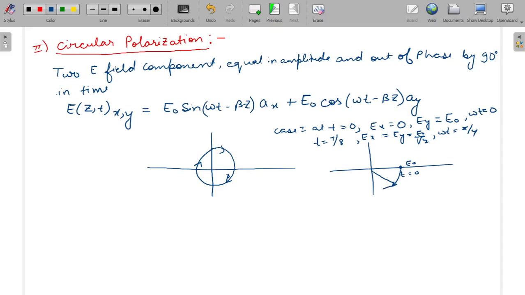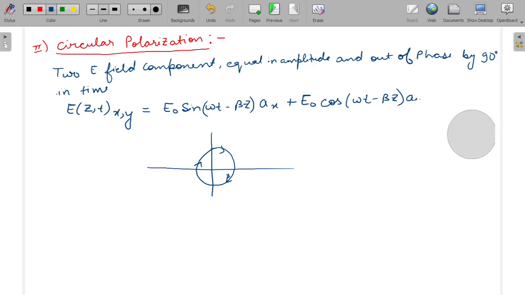In the same way you can substitute other values also. T equal to T by 4 will be this point, because omega t is equal to pi by 2, and Ex is equal to E naught, Ey is equal to 0. In this way you can construct the diagram also.